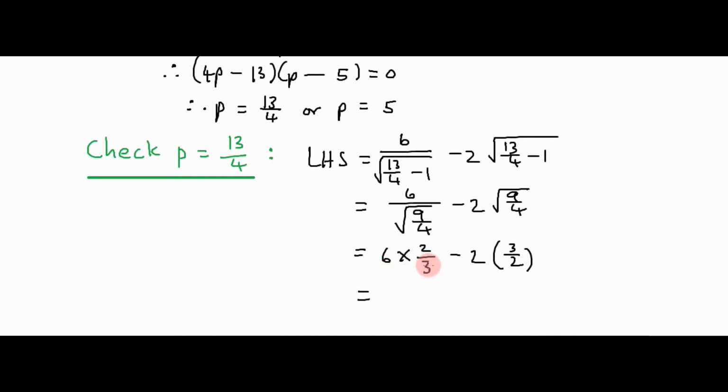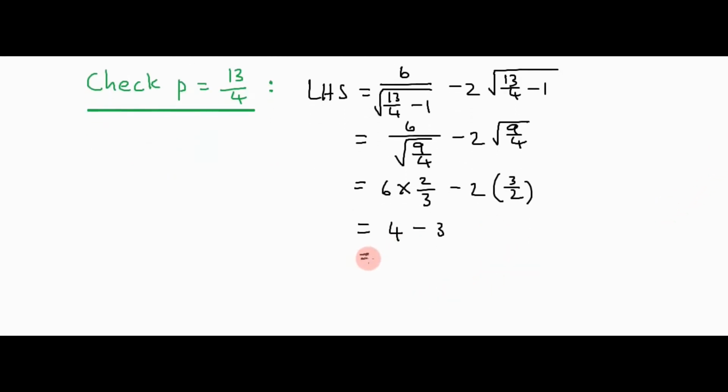And 6 times 2/3 is 4. 2 times 3 over 2 is 3. And 4 minus 3 is 1. So this equals the right-hand side of the original equation. And hence p equals 13 over 4 is a valid answer.